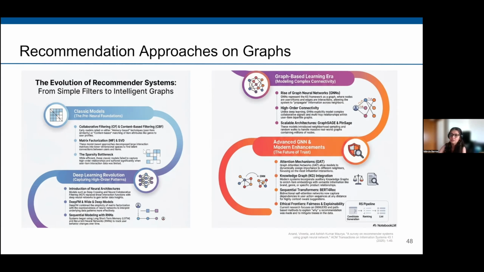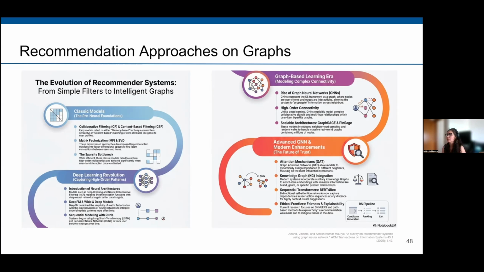Then the revolution of deep learning in recommender systems started to apply neural networks, sequential modeling with RNNs and LSTMs and so on. But actually, if you see the state of the art nowadays, most of the recommender systems approaches are using graph-based models.